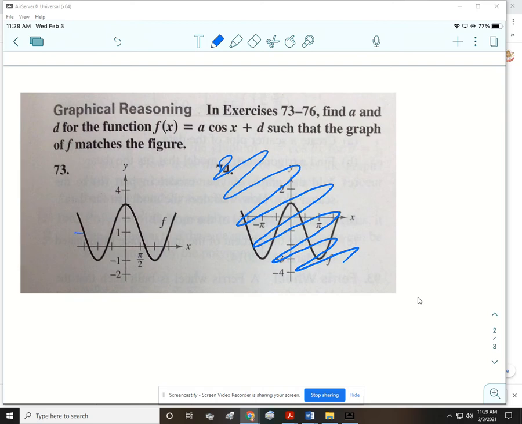To me, it looks like that is the baseline, and so the original graph is shifted up 1. To get the amplitude, I count from the baseline to the maximum, which is 1, 2 units. Or from the baseline to the minimum, same thing, 1, 2 units. So that would make our amplitude 2 and our vertical shift 1.